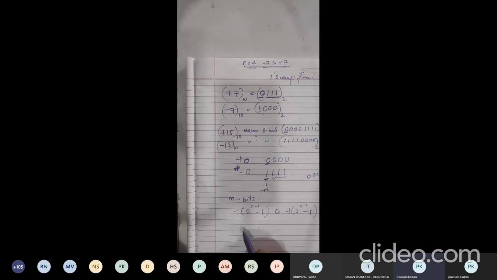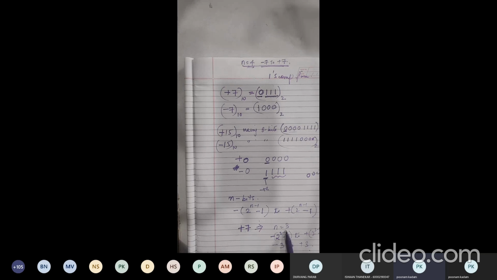So that's why I said when you have to represent plus 7, we cannot use 3 bits. Although we know that plus 7 in unsigned binary form can be represented using 3 ones, right? Triple 1 is 7. But when you have to represent plus 7 in one's complement form, you require one more bit. Why? Because if you use only 3 bits, the range of numbers that can be represented will be minus (2^3 minus 1, minus 1) to plus (2^3 minus 1, minus 1), which means minus 3 to plus 3.